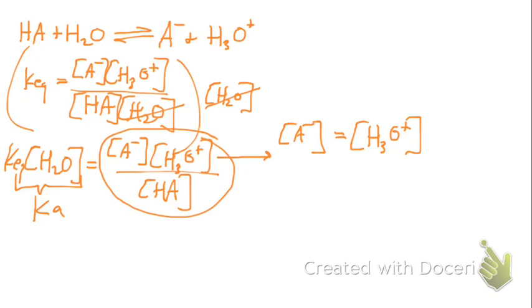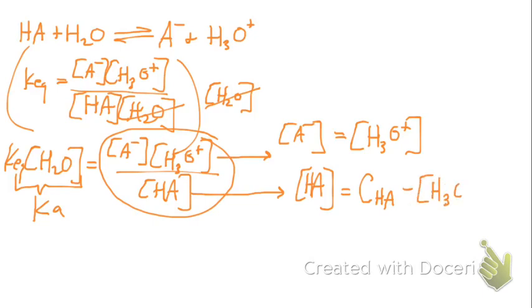So what we can do, we're also going to see one more thing. So let's go ahead and do these two steps at the same time. The concentration of HA, our weak acid, is going to equal our analytical concentration, the amount that we put in, minus whatever does dissociate.